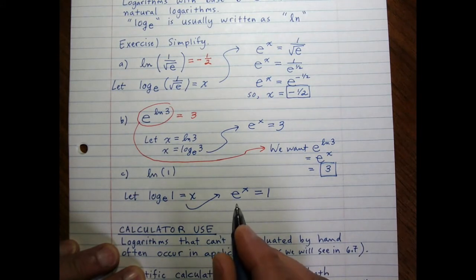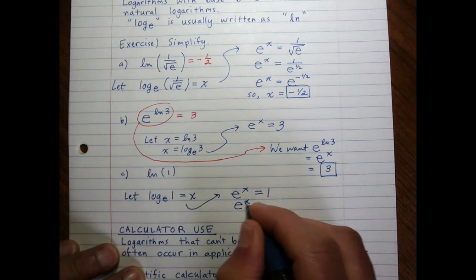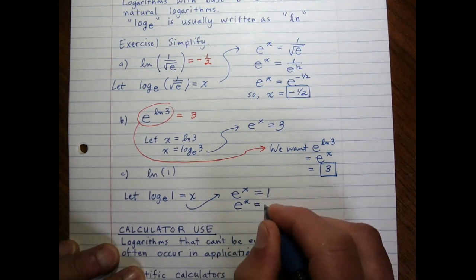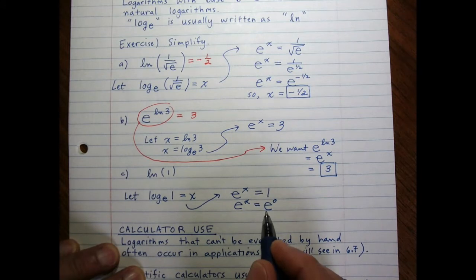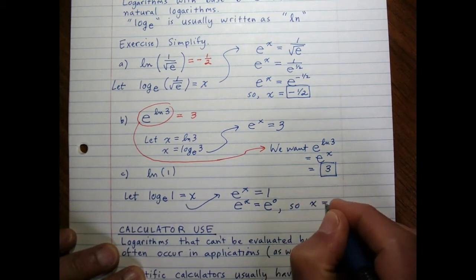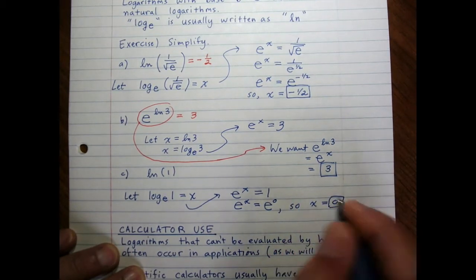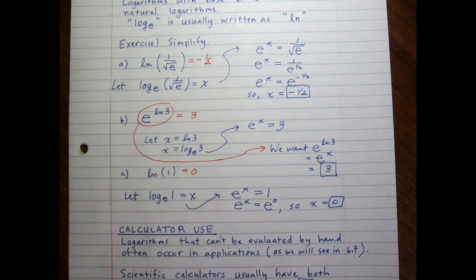We saw an example of this before, where what we can do is we can think of that 1 as e to the 0 power. I want to use base e if I can, and anything to the 0 is 1, so here x is equal to 0. ln of 1 is 0.